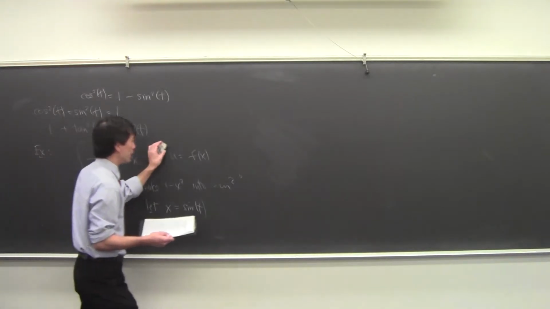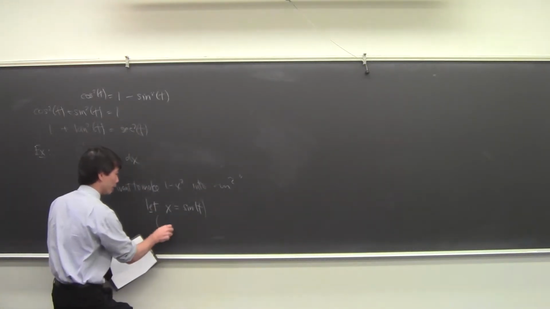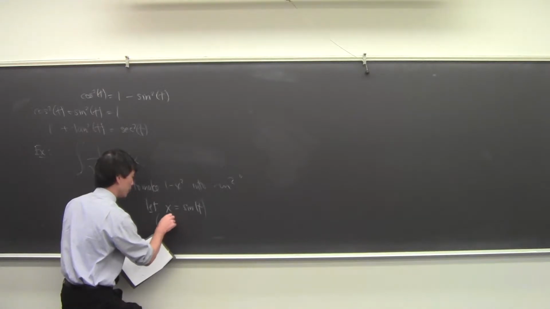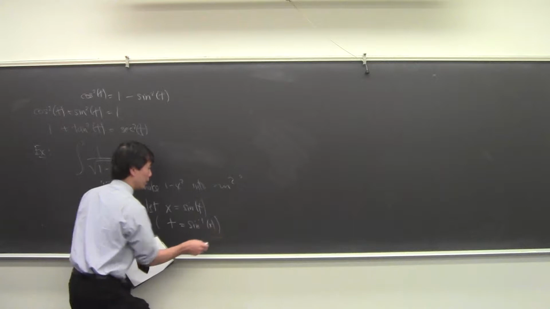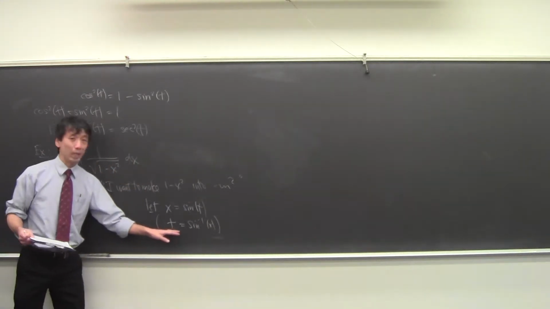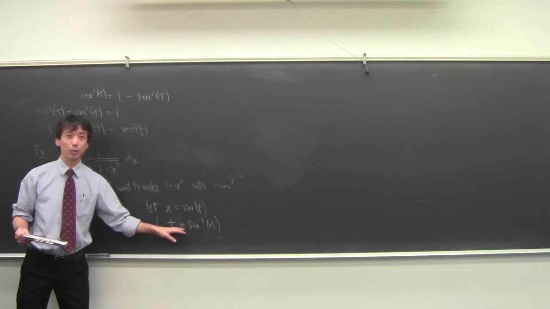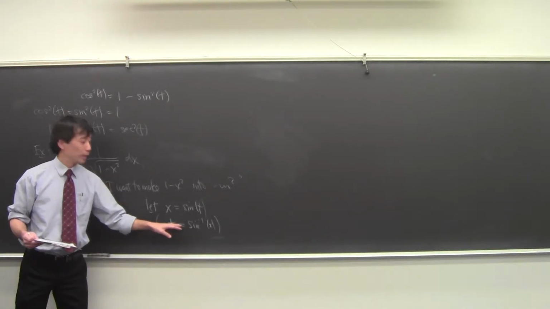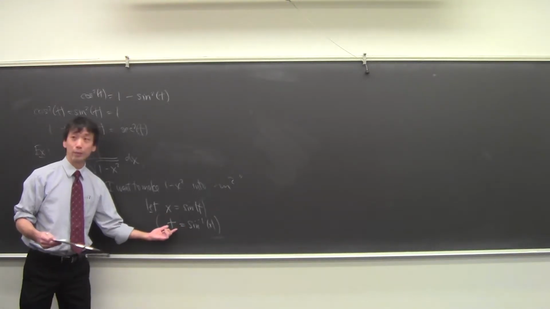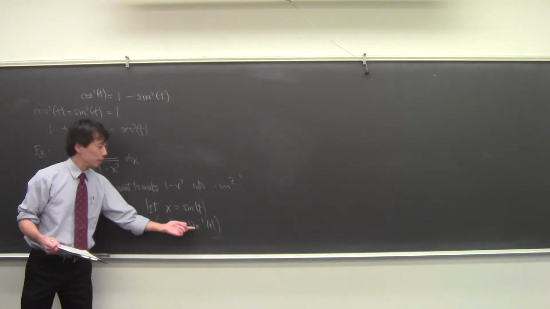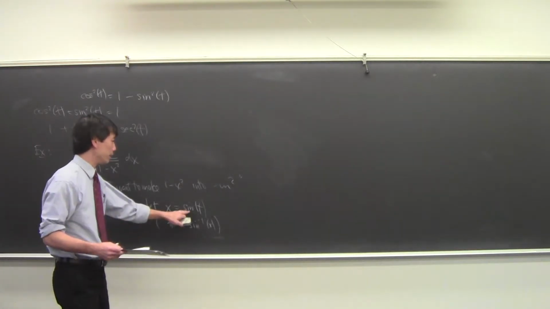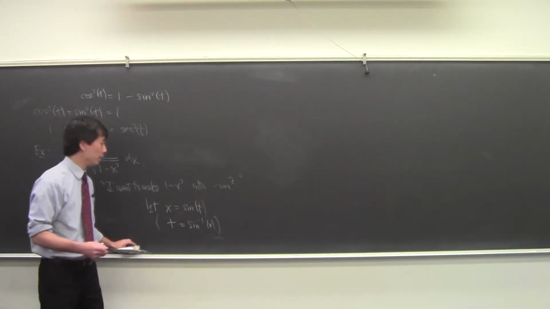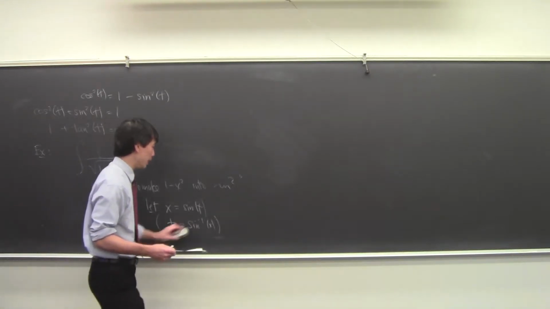It doesn't matter too much, but really what we're doing here is we're letting t be sine inverse of x. Just to make the link back to u substitution more clear: you're making a new variable u or t, whatever you want to call it, and that is going to be sine inverse of x. But you can write it this way. It's fine.